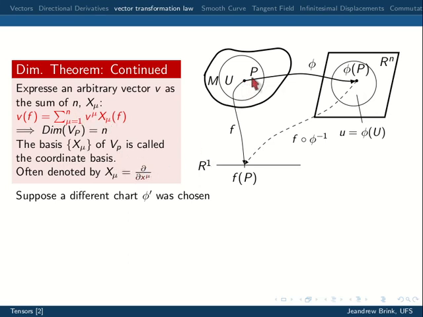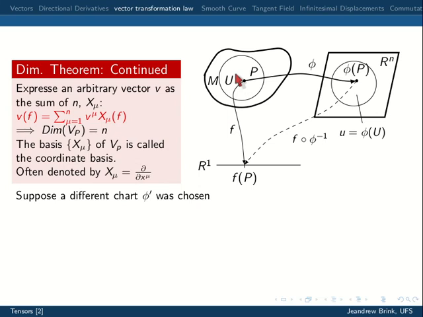We could have taken the same U and transformed R^n to something else, and then we have a new chart that goes to R^n in a different way. In fact, in one of the exercises on the sphere, you'll have a completely different chart from those hemisphere maps, and then the same result must still hold.